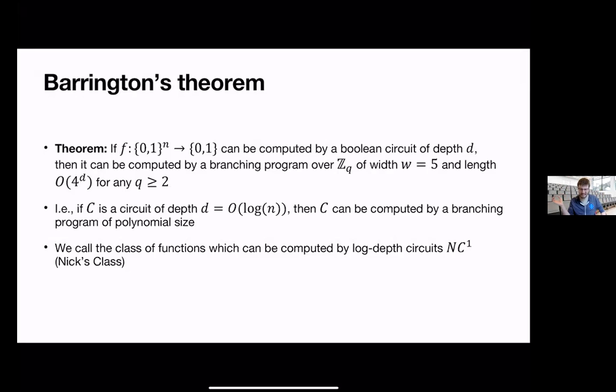And still, right? So I was asking earlier, how expressive are branching programs? And now this theorem tells us that they are as expressive as these log depth or shallow circuits. So, I mean, this has just shifted the problem, right?